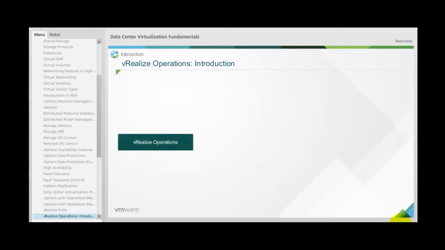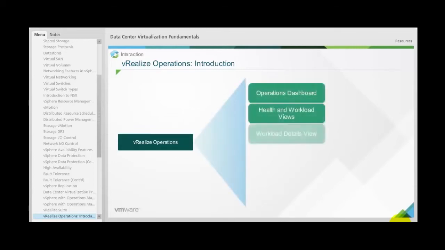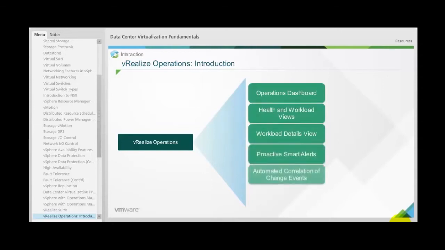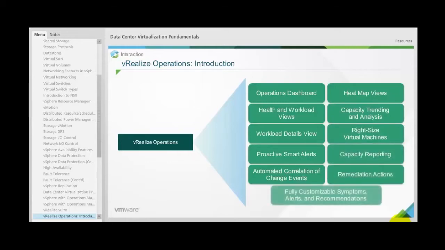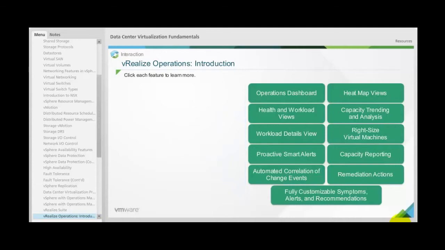The key features of vRealize Operations include the following: Operations Dashboard, Health and Workload Views, Workload Details View, Proactive Smart Alerts, Automated Correlation of Change Events, Heat Map Views, Capacity Trending and Analysis, Right-Size Virtual Machines, Capacity Reporting, Remediation Actions, Fully Customizable Symptoms, Alerts, and Recommendations. Click each feature to learn more.